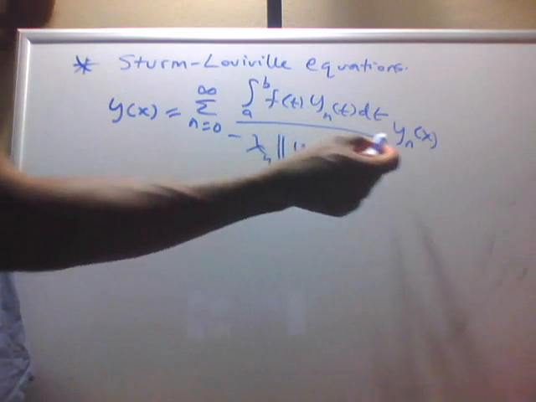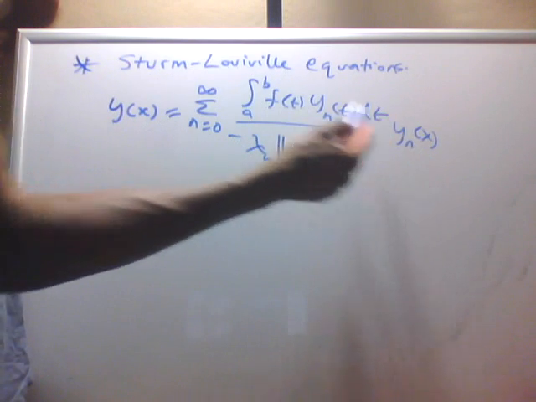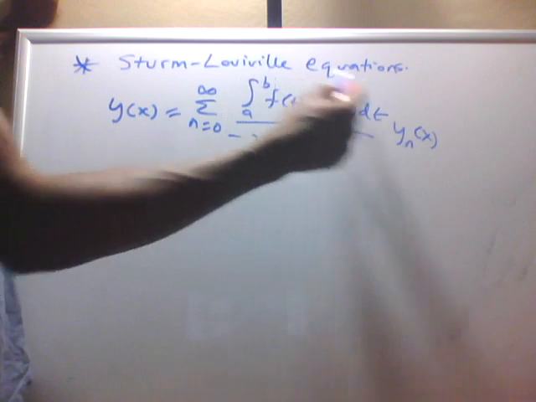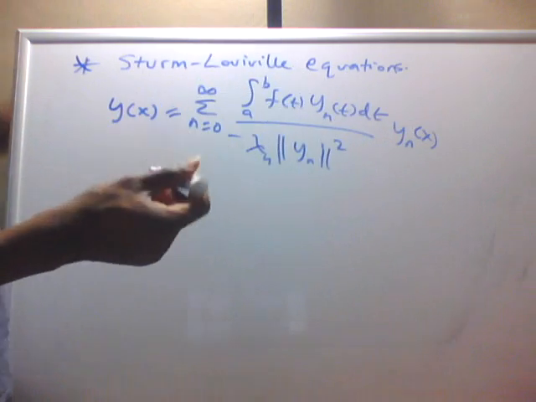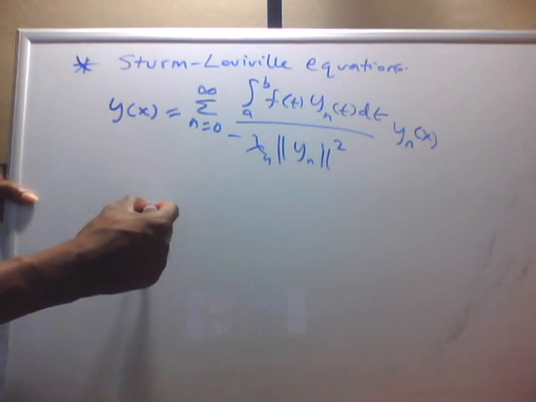I'm using t here because I want to group yn(x) in with this, and I know that there's a separate integral, just so you realize there's no problem.